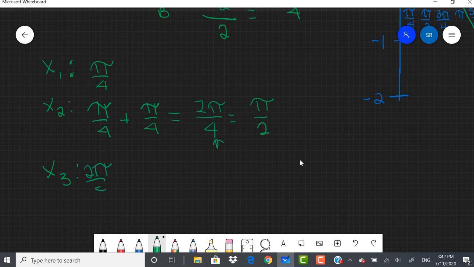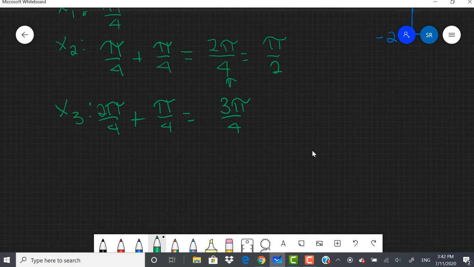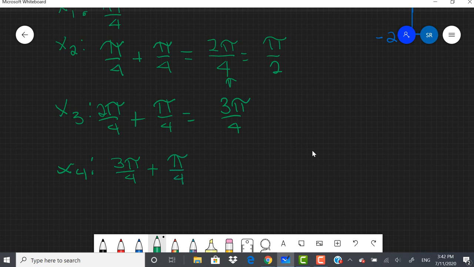So I have 2 pi over 4. I'm going to go ahead and continue to add pi over 4. So this is 3 pi over 4. So I have 3 points now. Now my fourth point, my x value, is going to be 3 pi over 4 plus pi over 4, which equals 4 pi over 4, or just pi.